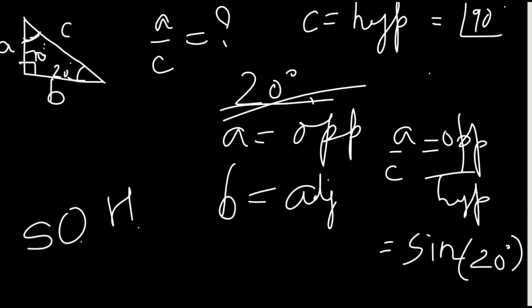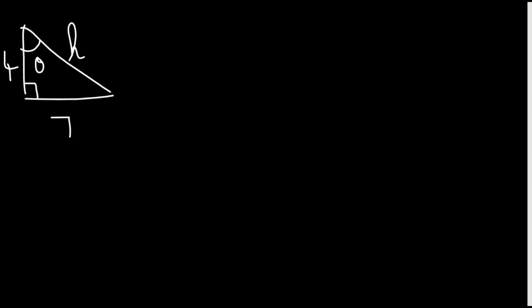This is one type of sum. Okay, consider this particular type of sum. In this triangle, you have to find what is h. How are you going to find h? H is nothing but the side opposite to the right angle, that is the hypotenuse.